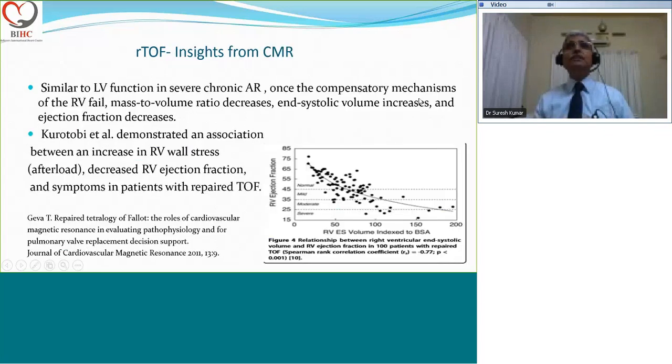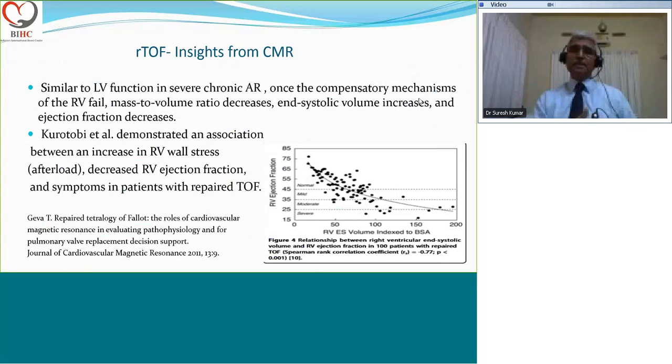We have today a lot of insights from cardiac MR into the function of the right ventricle. And we drew the analogy between the LV function in chronic aortic regurgitation and the RV function in pulmonary regurgitation. They are similar to the extent that once the compensatory mechanisms fail, the mass to volume ratio decreases.